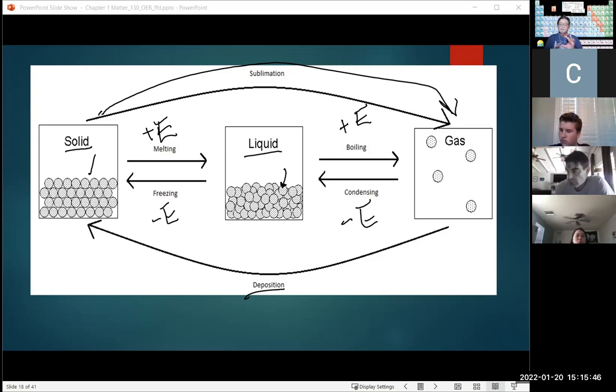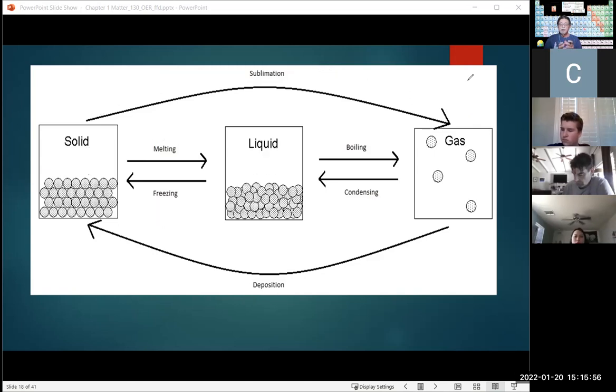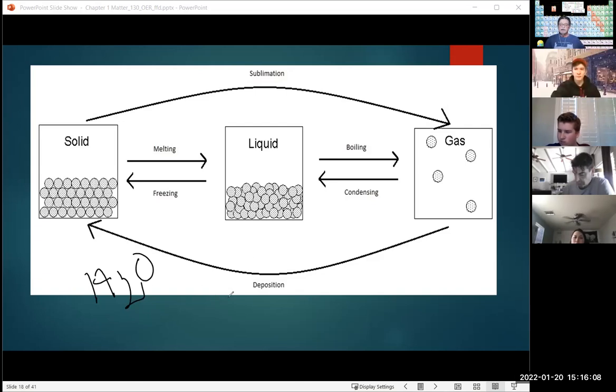But the whole thing is a matter of energy back and forth, and it's reversible. This physical process of going from one physical state to the other is reversible. It doesn't change the structure chemically. And if this was water, H2O, all of the different phases here will still remain H2O. Not a chemical change, but a physical change.